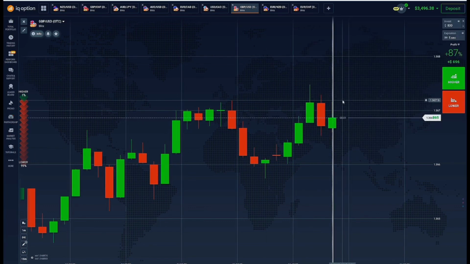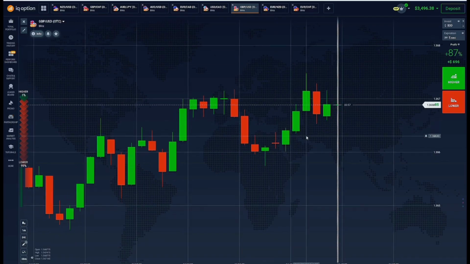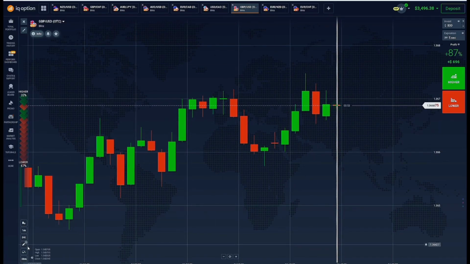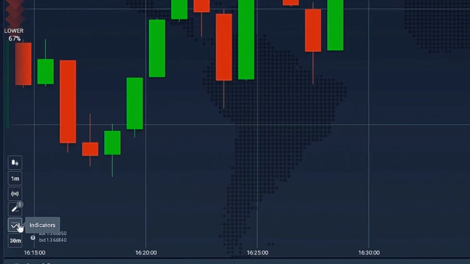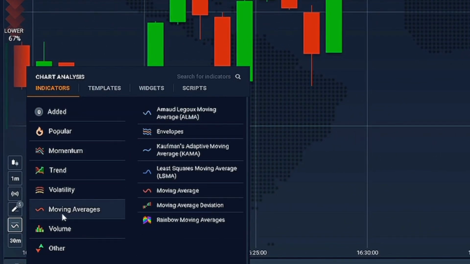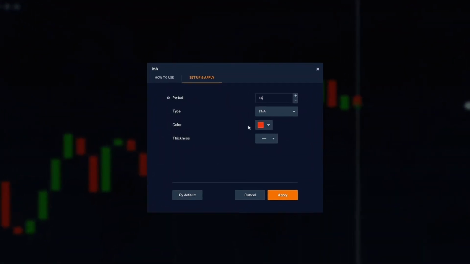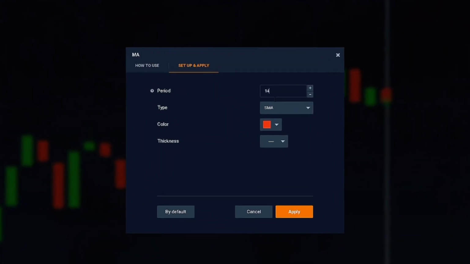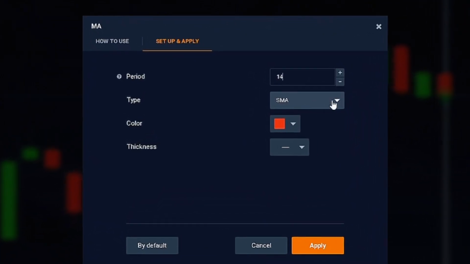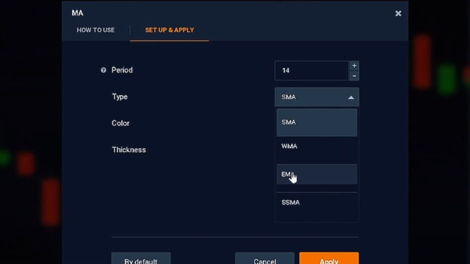So moving forward, the next thing we are going to do is add our moving average. You come to your indicators and click on moving average. The first moving average you're going to add is period 14, and make sure the type is SMA and not WMA or EMA.